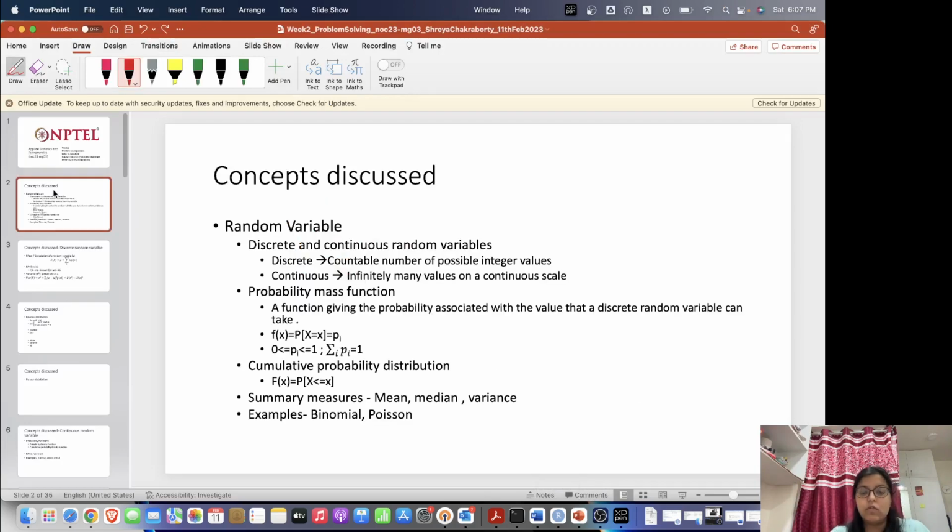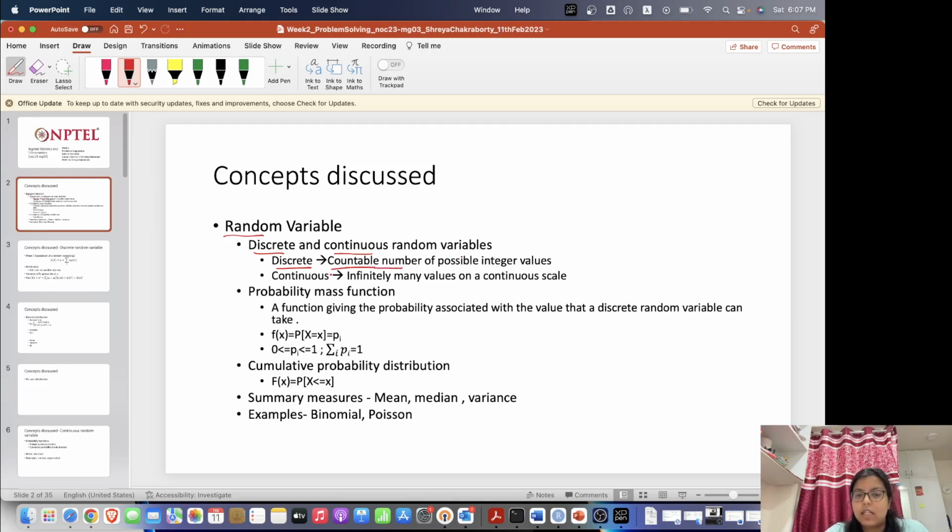So in week 2, we had discussions related to what we mean by a random variable and its types. It could be discrete and it could be continuous. Discrete variables were those where the observations were countable, a countable number of possible integer values.